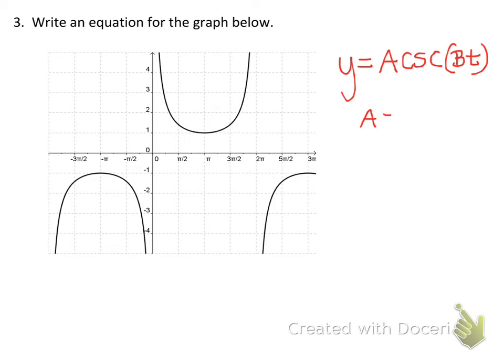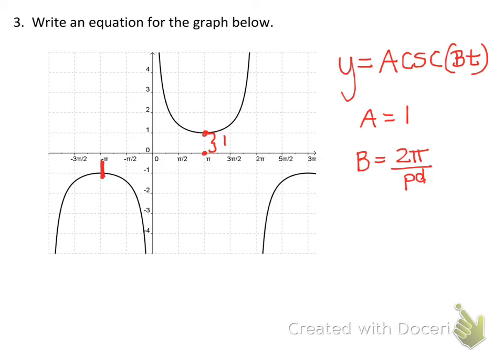So what's my amplitude? Well, by looking at the graph, from this vertex to the 0, the center, we have a value of 1, and that's my amplitude. Now b, however, b equals 2 pi over your period. So what's my period? So I need to figure that out. So when does it repeat itself?